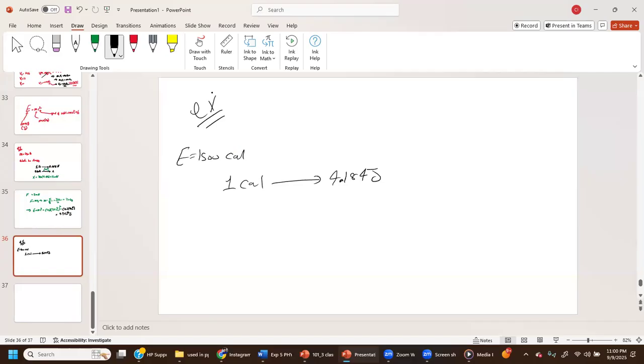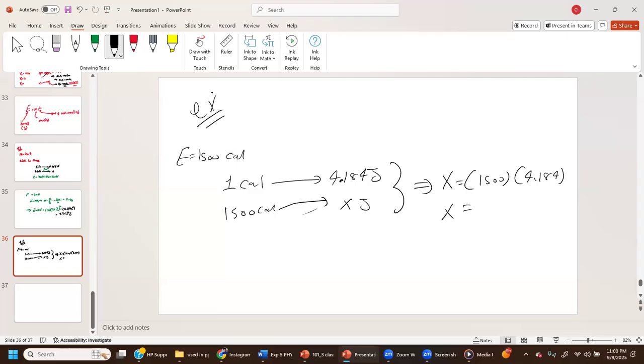We want to change 1,500 calories to whatever x is in joules. Again, we cross multiply. X is going to equal 1,500 times 4.184, which is going to equal 6.276 megajoules.